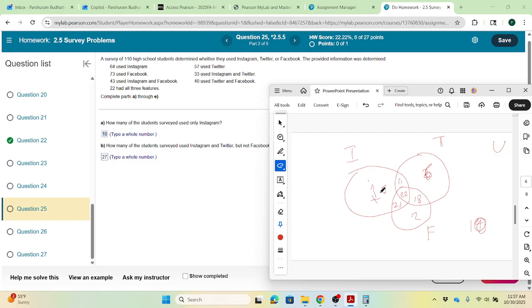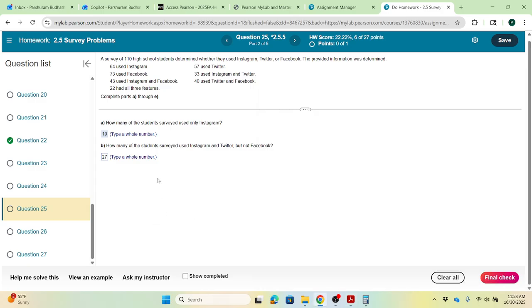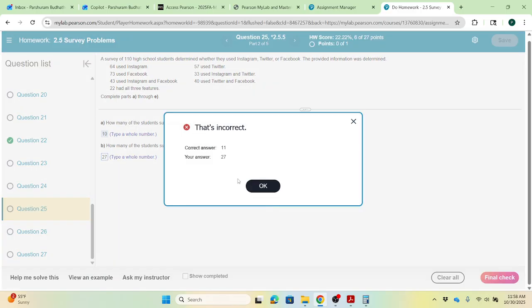That is also right. How many of the students surveyed use Instagram and Twitter? They use Instagram, which is 10, plus 11, 21 plus 6, 27, but not Facebook. So it's supposed to be 27. I don't know why it's not right. It's supposed to be 27.